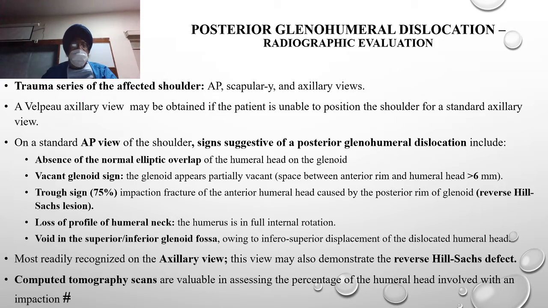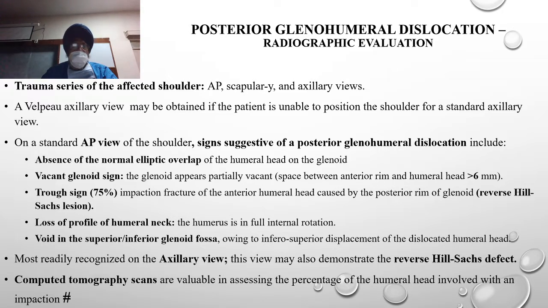Trough sign, 75%: impaction fracture of the anterior humeral head caused by the posterior rim of the glenoid, that is the reverse Hill-Sachs sign. Loss of profile of the humeral neck. The humerus is in full internal rotation, with a wide space in the superior oblique inferior glenoid fossa owing to the inferior superior displacement of the dislocated humeral head.